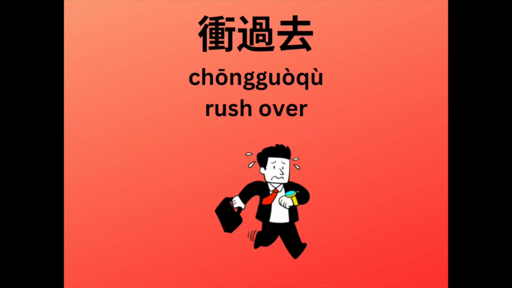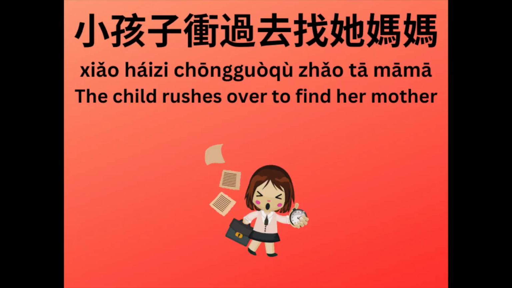Then we had 过去, to go over to somebody, to cross, to pass. Let's try to rush. 冲过去 means to rush over. 小孩子冲过去找他妈妈. The child is rushing over to look for his mom. 冲过去, to rush over. Can you think of another combination with 过去?